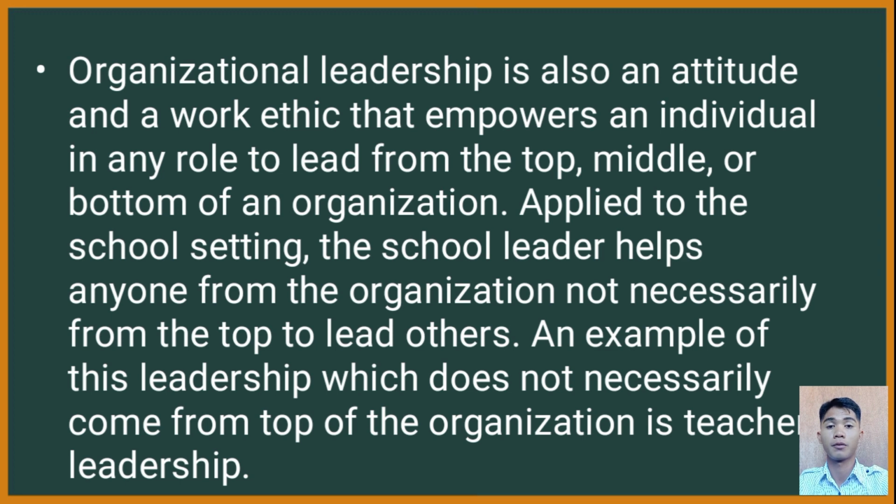So in a school setting, a leader can be anyone from the organization, not necessarily from the top. This is very evident in the school.